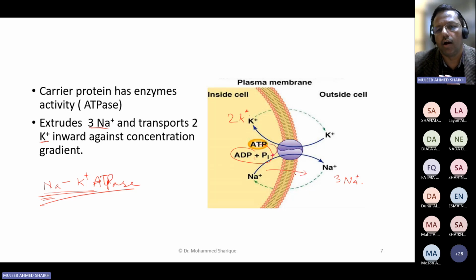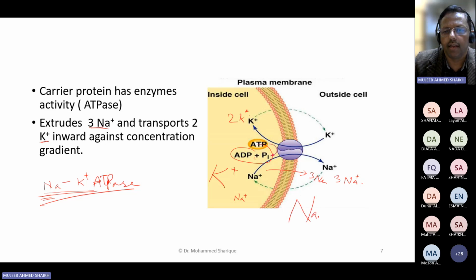Because of this, potassium will be higher and sodium will be lower inside the cell, whereas sodium will be higher outside the cell and potassium will be lower outside the cell because of this pump.